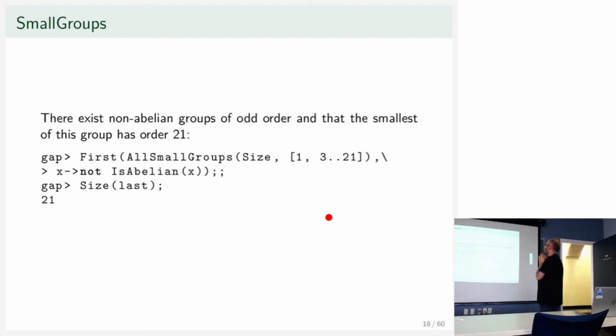Right. Well, you can do this. You run over all small groups of odd order, I'm using this range, up to size 21, and keeping only those that are not abelian. And I do this and I get one, okay?